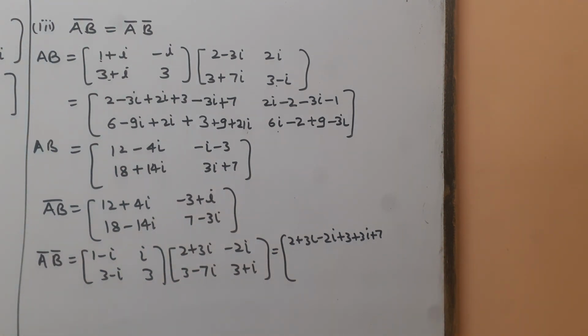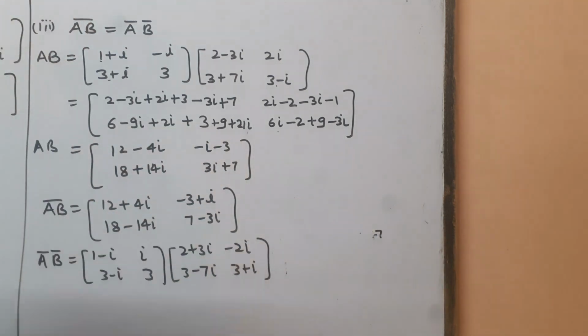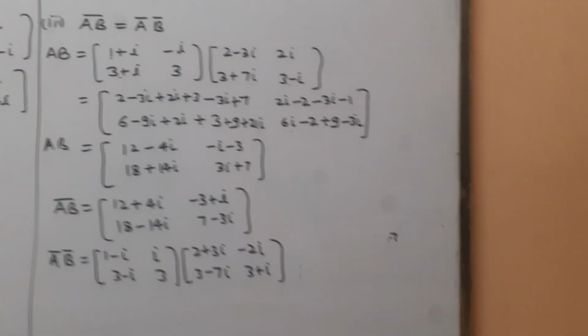Now we multiply the conjugate of A matrix and B matrix.